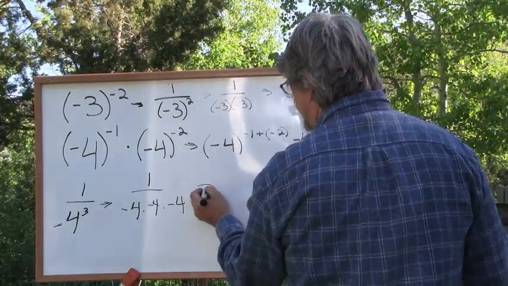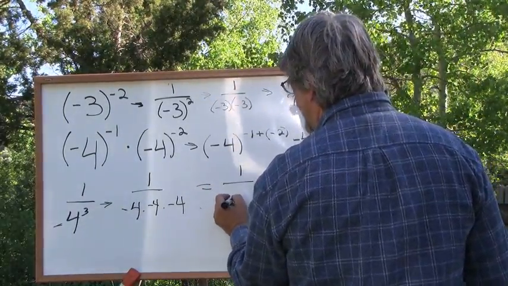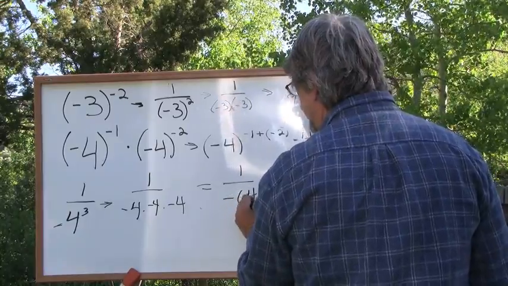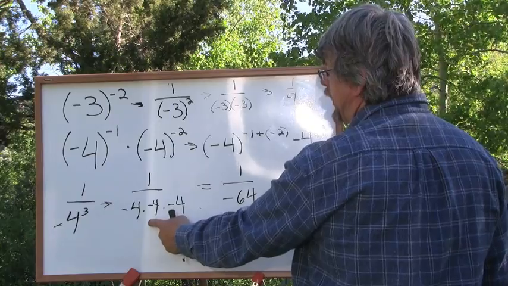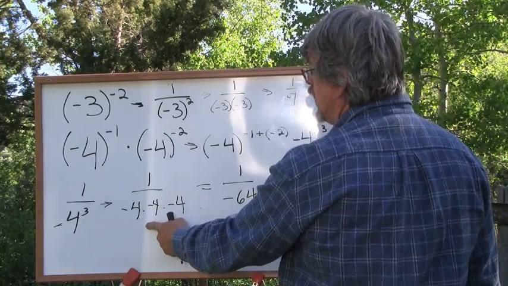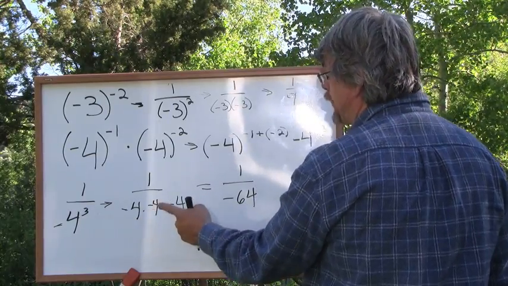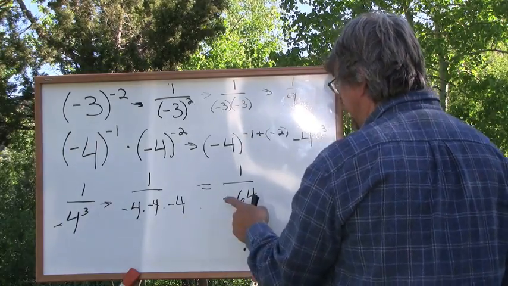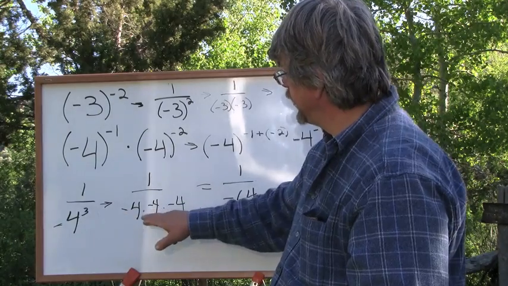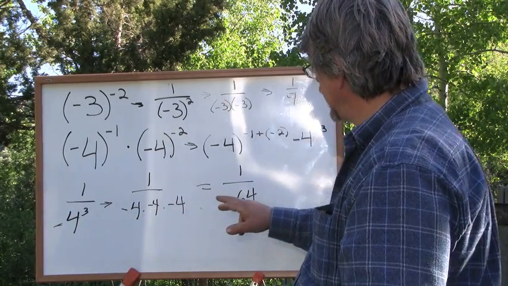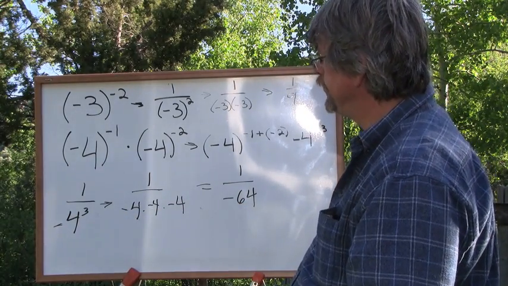So that this becomes 1 over negative 64. Negative 4 times negative 4 is positive 16. Positive 16 times negative 4 is negative 64. We have an odd number of negatives, 3, therefore it'll be negative.